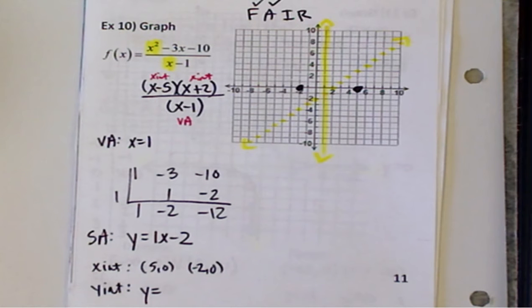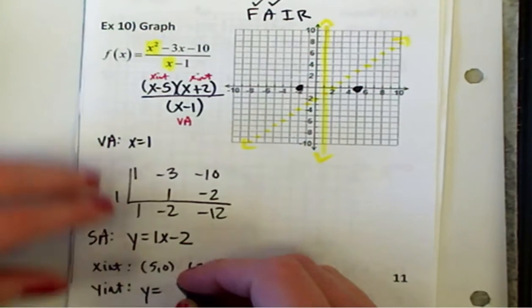This is not a parent function anymore. Parent function is 1 vertical, 1 horizontal. As soon as this slants, it's not a parent anymore. How do we find out what the line is? Start at -2. Plot a line with slope of 1.